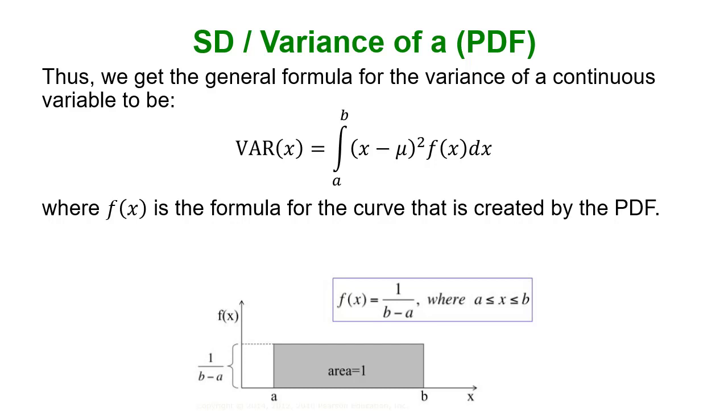So f of x is just the formula for the curve that creates our probability distribution function. And we'll remind ourselves that when we're dealing with a uniform probability distribution, our f of x, our curve, is just a straight line that is described as 1 over b minus a.